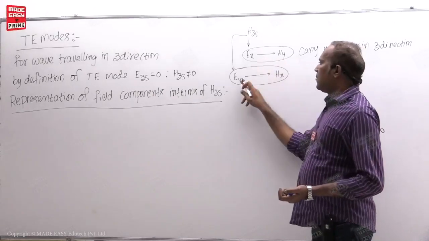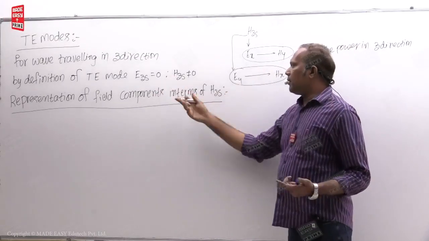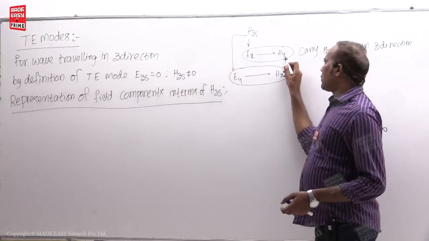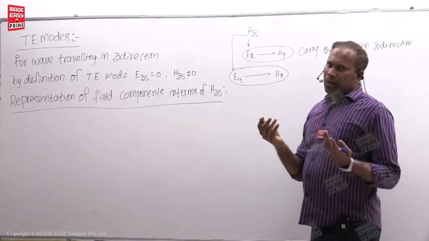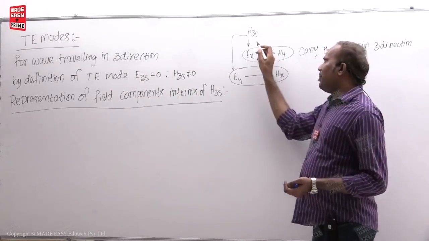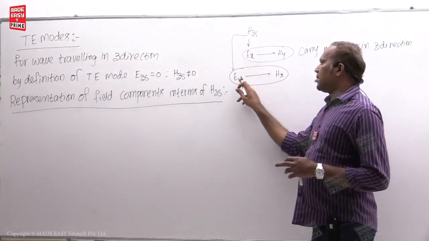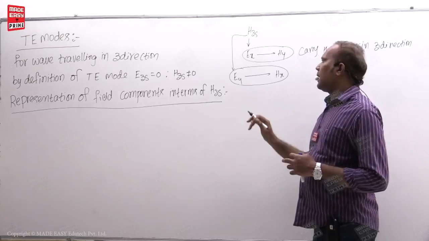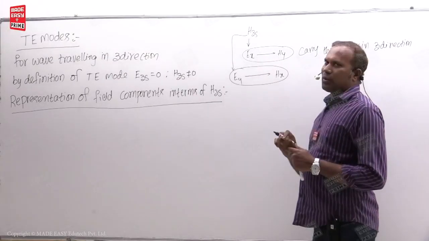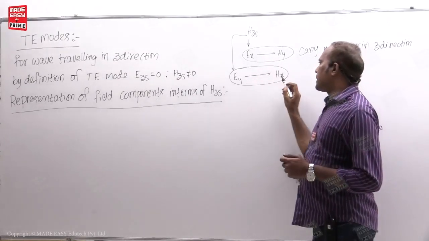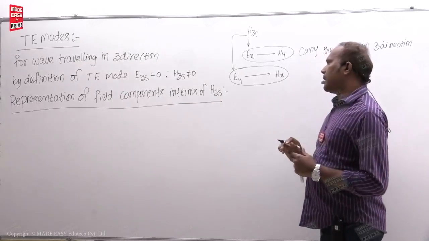Anyway, in total how many components are there? Ex, Ey, Ez, but Ez is 0. Next Hx, Hy, Hz. Three components. Among them, the main one is Hz. That is like the mother component. It produces Ex and Ey, and this Ex produces Hy and Ey produces Hx. They carry the power in z direction.